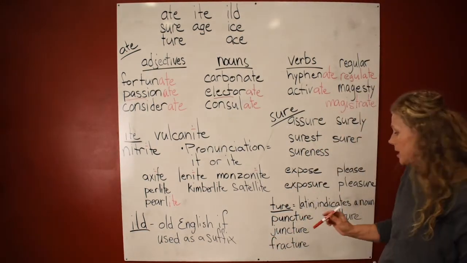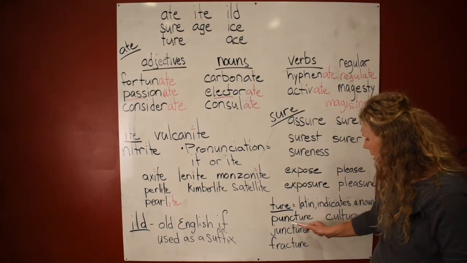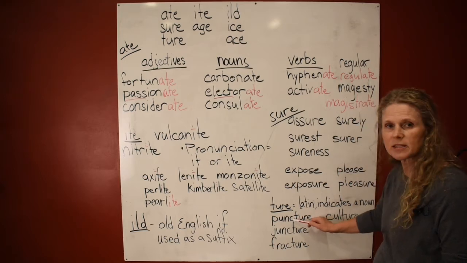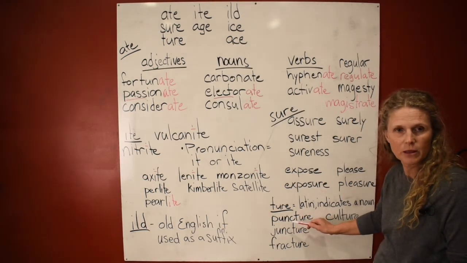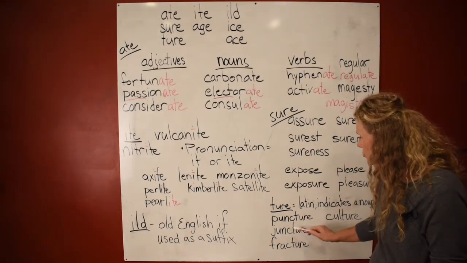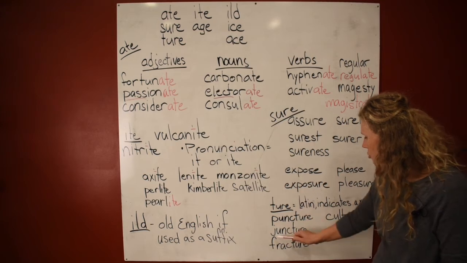Not always, but it could be a noun. So look at this, puncture. See how the CT right here, all of a sudden it just says, what does this CT tell you? That is a Latin word. This is a Latin word because you can see CT, puncture, juncture.